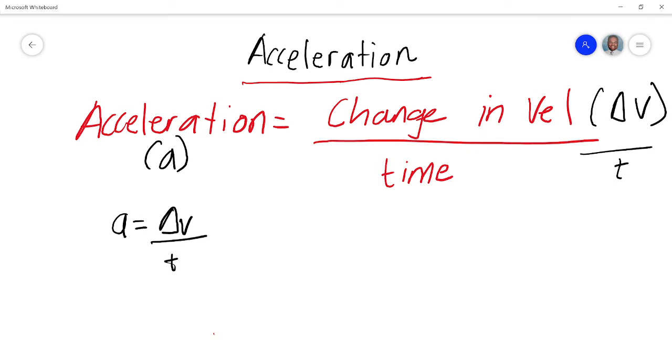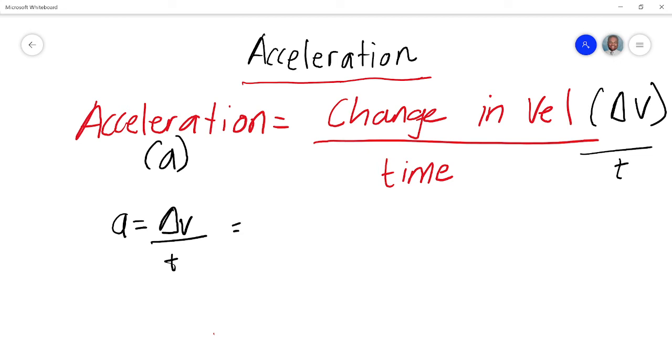What is delta v? For example, if we want to find the change in temperature, it's the final temperature minus the initial temperature, and you get your change in temperature. Likewise in velocity, you've got your initial velocity and your final velocity, and you subtract to get the change in velocity.